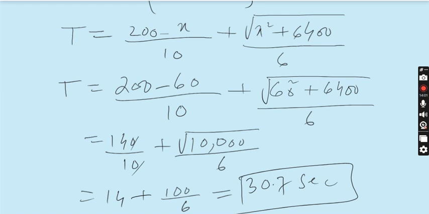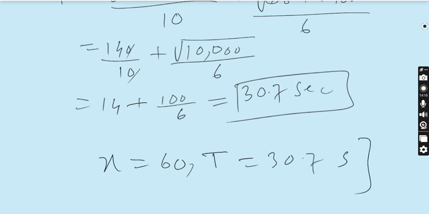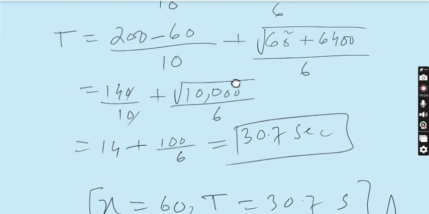Hence the value of x is 60, then the corresponding value of t is 30.7 seconds. This is your final answer. If you do this in your exam, I can assure you, you will get full marks, 6 on 6.